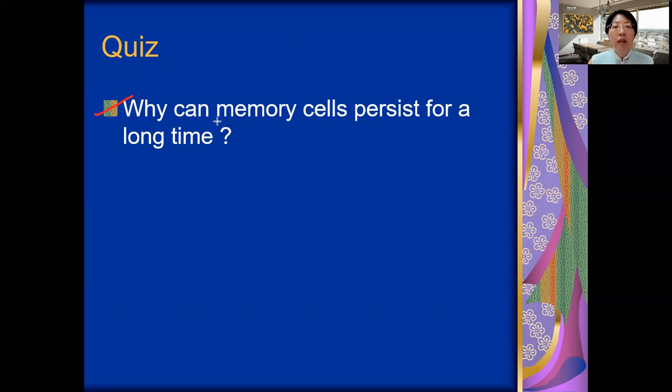Now you can ask me, if you're 18 years old and you got your chickenpox in, let's say, primary one, does that mean your memory cells are now 10 years old? No, your memory cells are not 10 years old. What happened is like this.